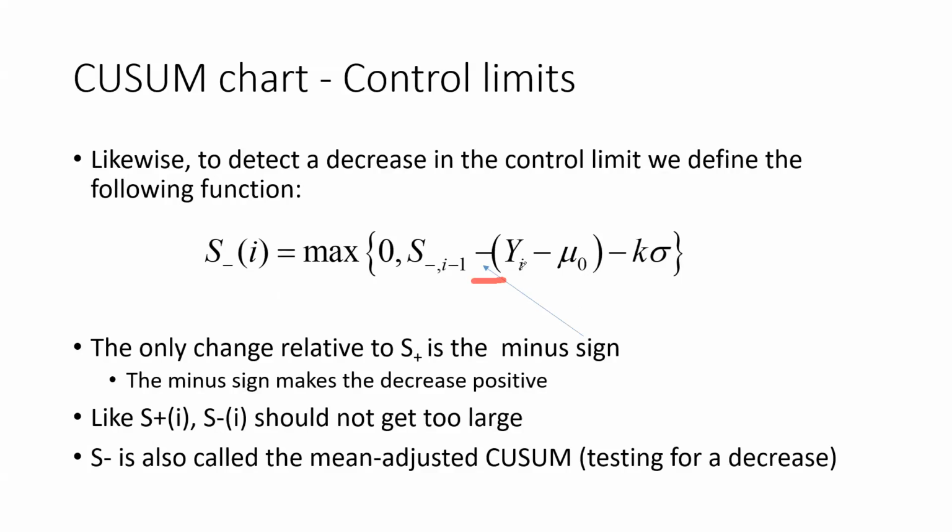I'm making the negative contribution positive, and then I can still decrease the slack and I still have the maximum up there. So I'm testing against the decrease by just flipping this sign. This is also called the mean adjusted CUSUM, but testing for a decrease.